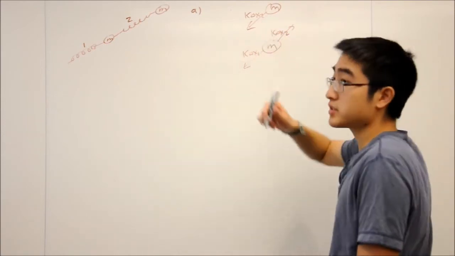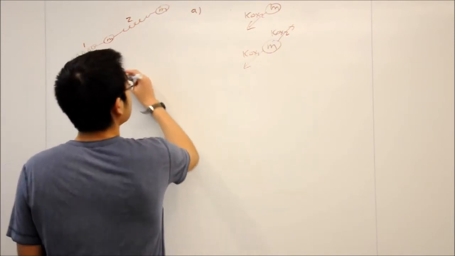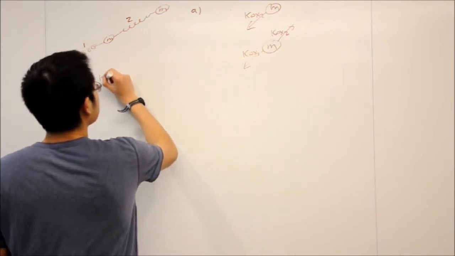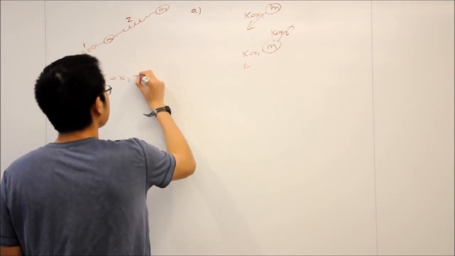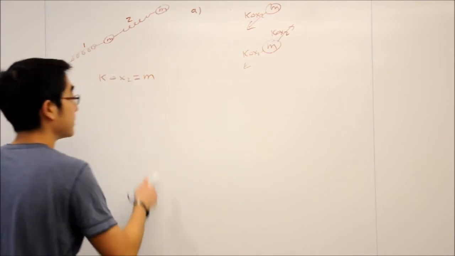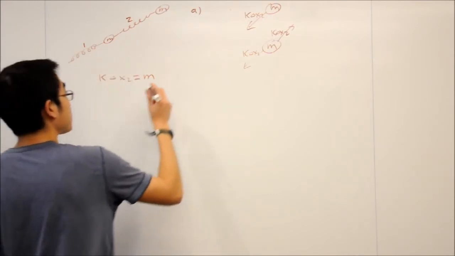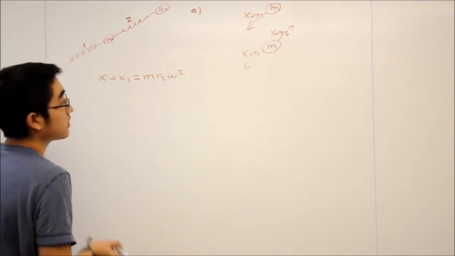So from the first isolation diagram, using Newton's second law, we get that the net force, which is k times delta x2, is equal to the mass times the acceleration, which in this case is the outer radius r2 times omega squared.